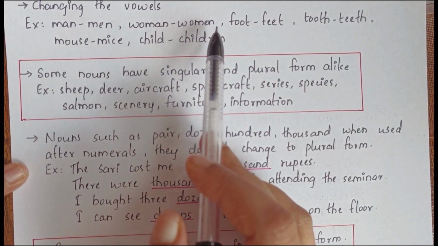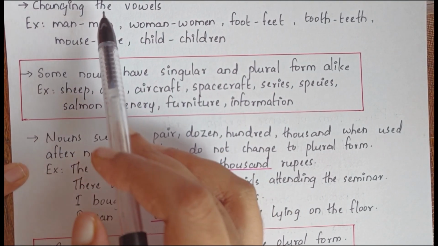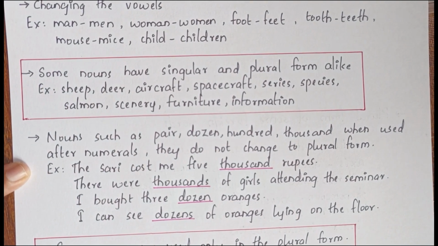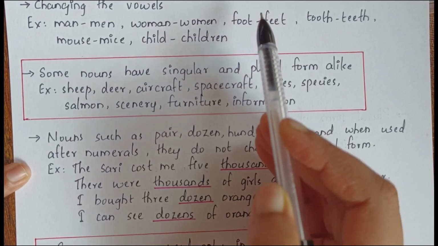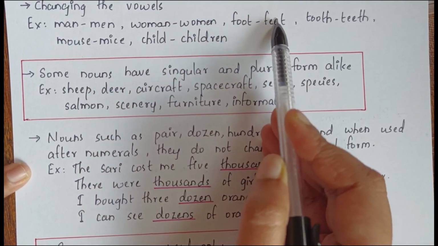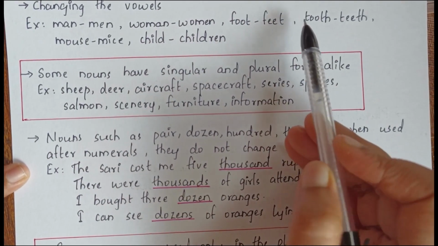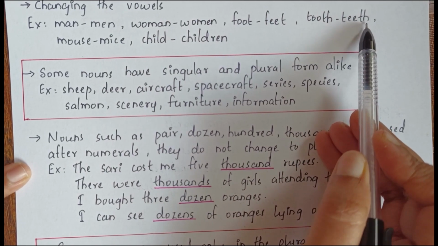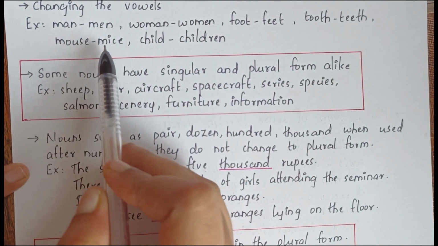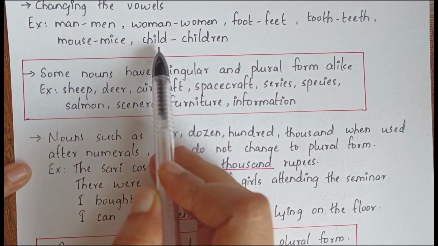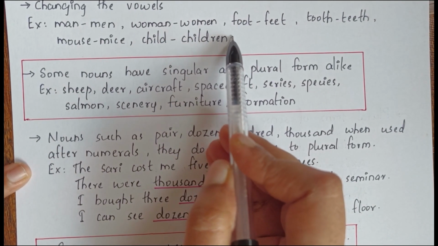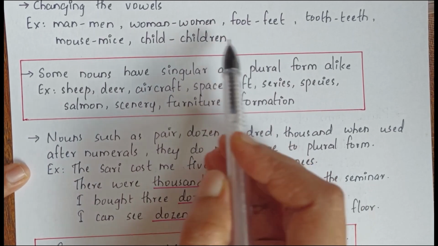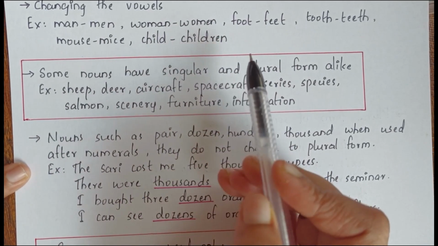Only a is changed to e. This is attained by changing the vowel. Next one is foot, feet. Foot is singular and feet is plural. Tooth, teeth. Mouse, mice. Child, children. Here also I have seen so many saying children's. It is wrong. Only children. You should not add s at the end.